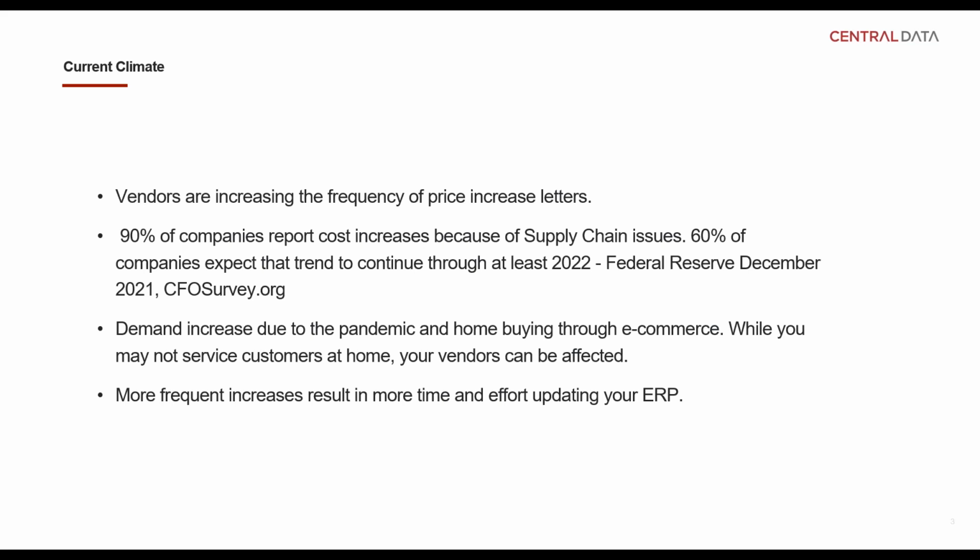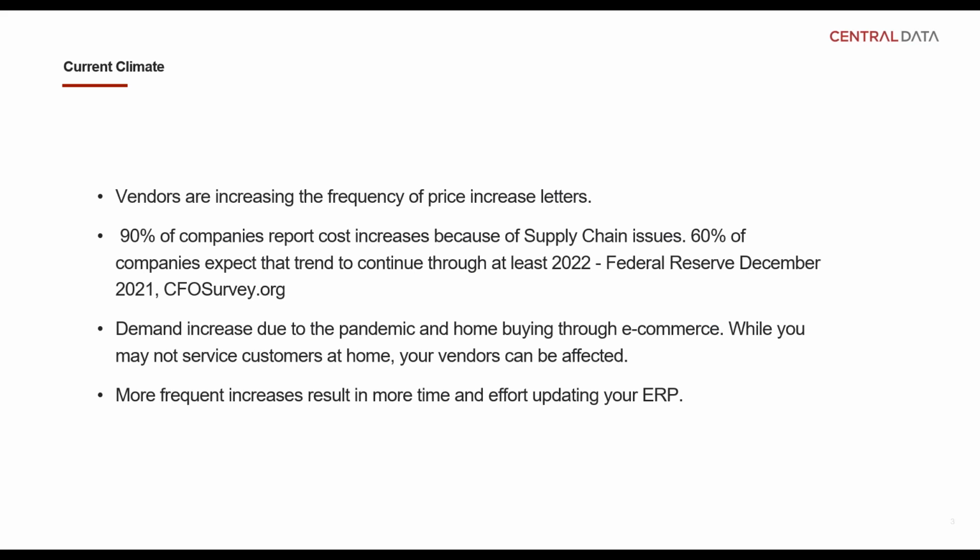Well, you may not, but your vendors may have issues supplying things because of their supply chain issues for other services, other manufacturing, requiring those raw materials to supply those people that are at home. So everything is very interconnected, and you can be affected in ways that aren't immediately obvious.